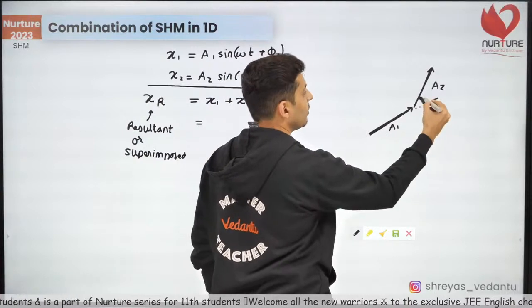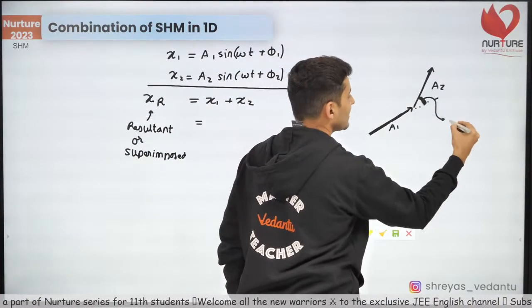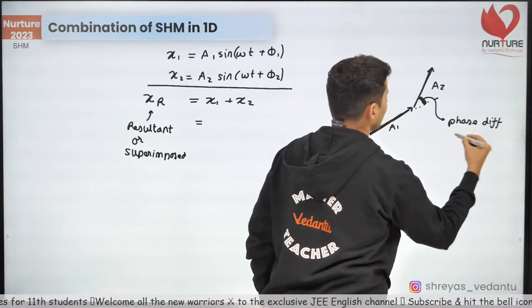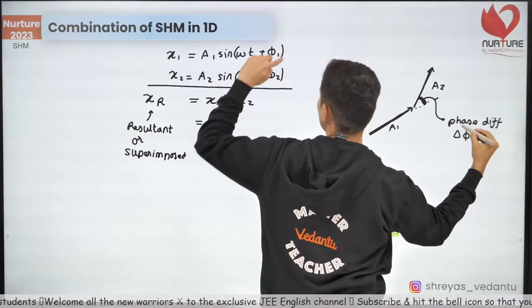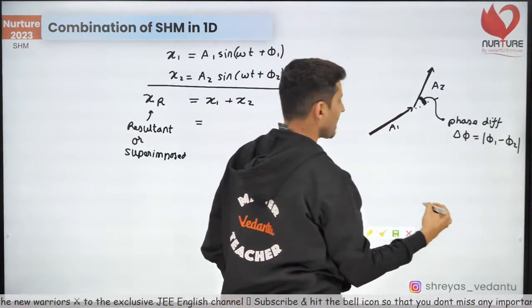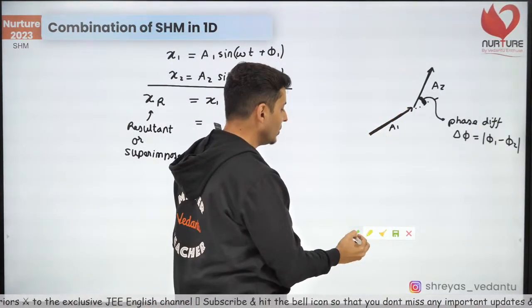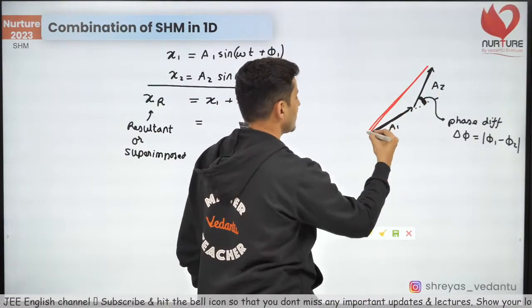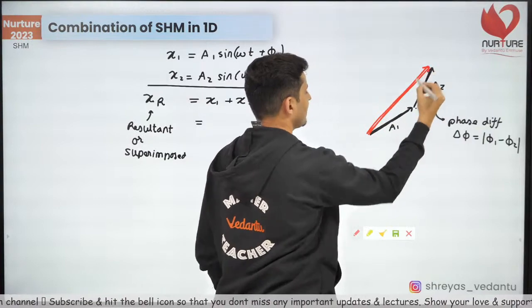Come on, quickly tell me, what will this angle be equal to? This will be exactly the phase difference. This will be delta phi, which will be phi 1 minus phi 2. Correct? All you need to do is just add them like vectors.